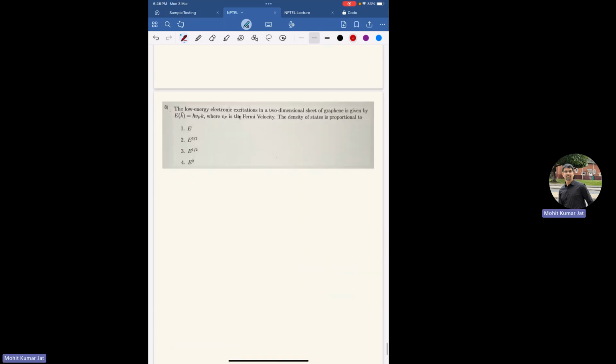Now moving on to problem number 8. The low energy electronic excitations in a two-dimensional sheet of graphene is given by h bar k Vf, where Vf is the Fermi velocity. The density of states is proportional to what? So E(k) is given, it is h bar k Vf, for a 2D system, a two-dimensional system.